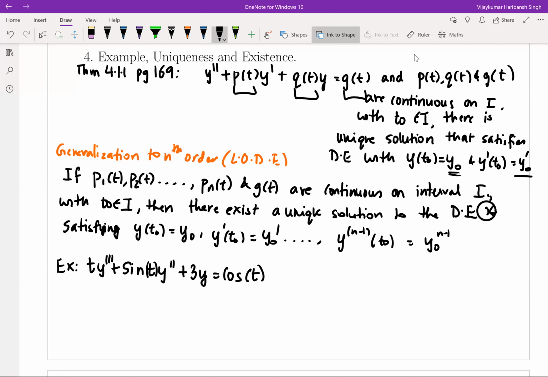Now note that this is a third order linear ordinary differential equation.